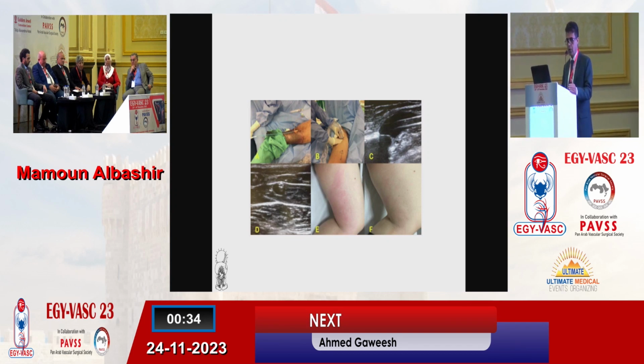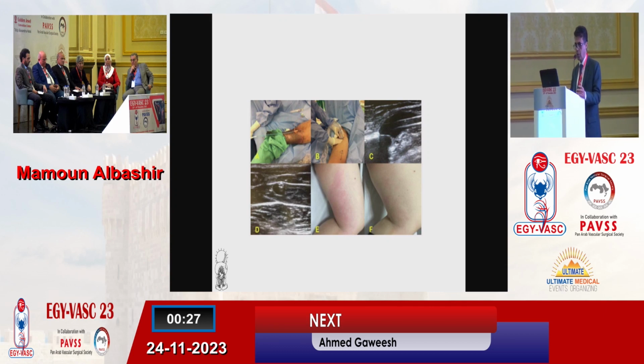We advance the catheter about 5 centimeters away from the junction, and then we do the injection pretty fast with a pull-back mechanism. At the end of it, you're seeing the crown of thorns appearance on ultrasound.